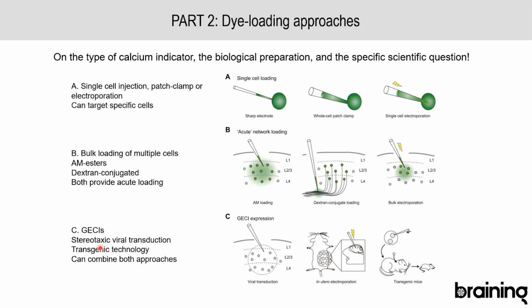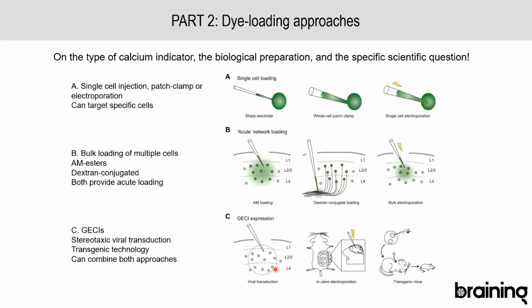So there are some strains of mice that already have specific types of cells that also express a CaMKinase in their specific cells to evaluate this calcium signaling, or the combination of two approaches. So imagine that you already have a transgenic mice that express a specific protein, and you will do a viral transduction to express a second protein.